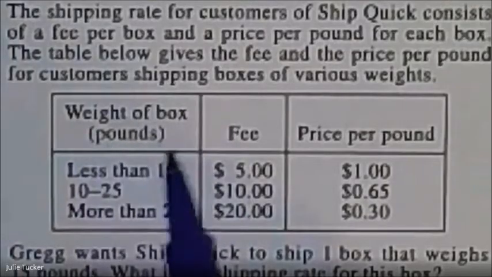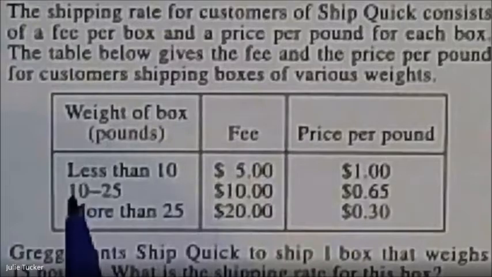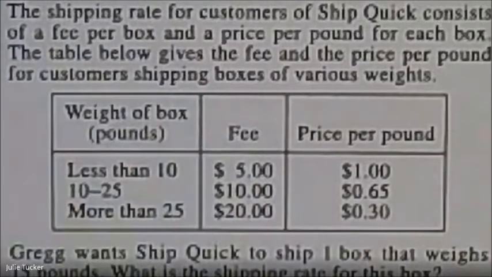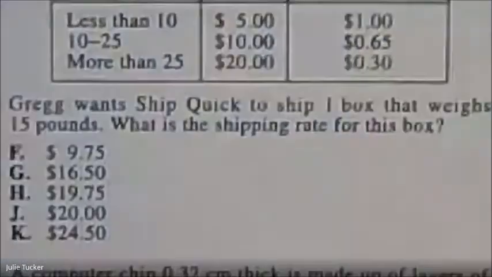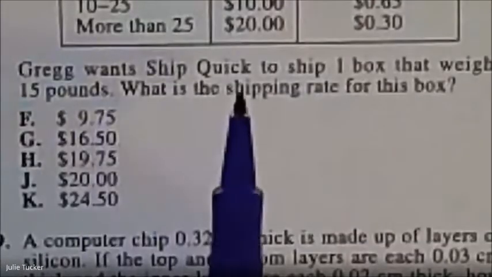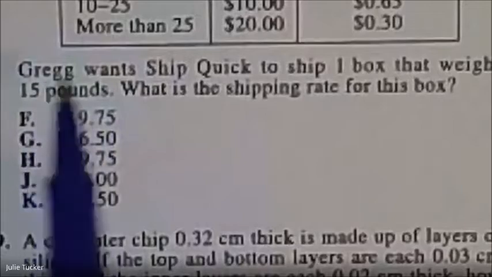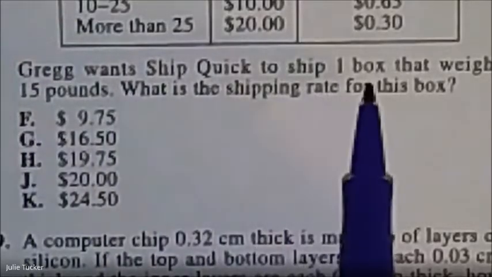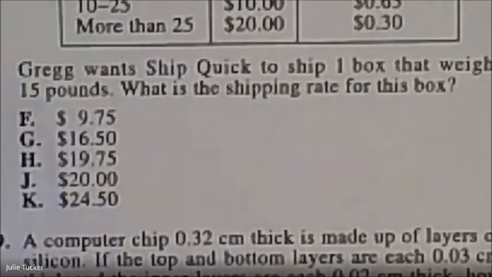The weight of the box in pounds, if it's less than 10, it's this much and that much. If it's 10 to 25, this much and that much. More than 25, this much and that much. Greg wants Ship Quick to ship 1 box that weighs 15 pounds. What is the shipping rate for this box?